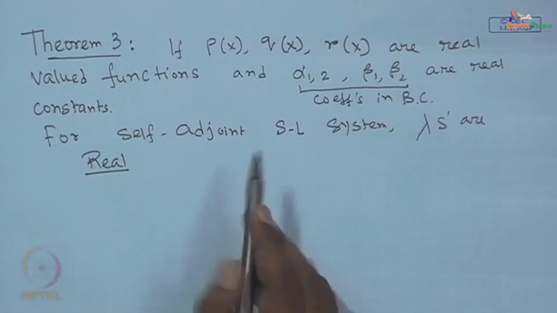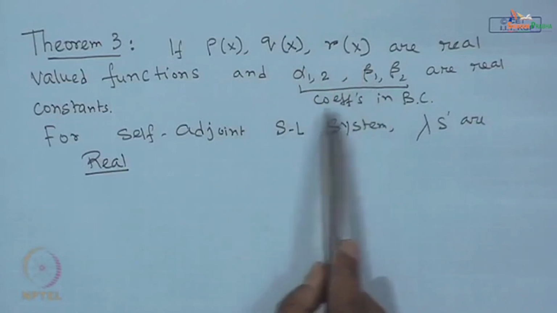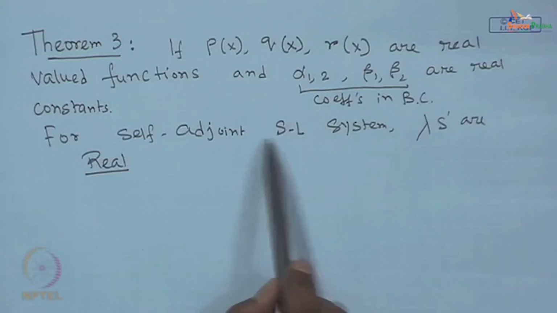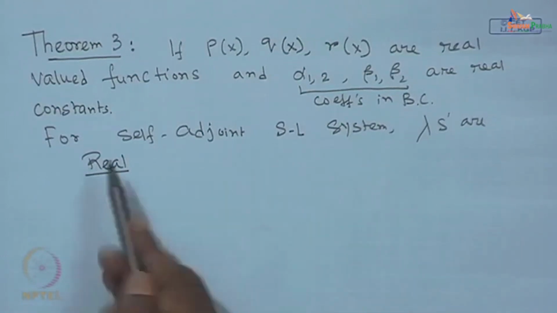If the coefficient functions are real and the coefficients in the boundary conditions are real, then there is no reason that the eigenvalues become imaginary; they will also be real.